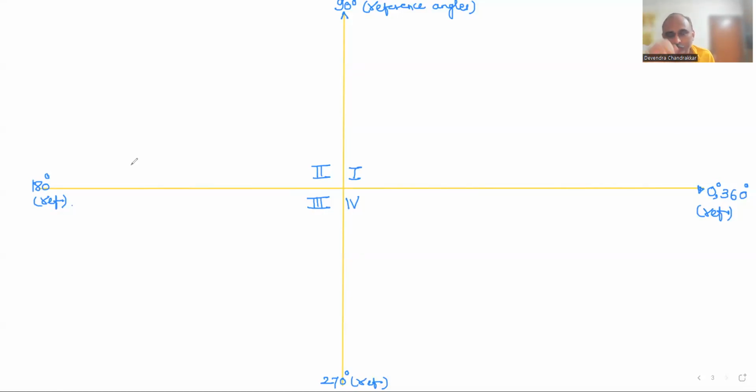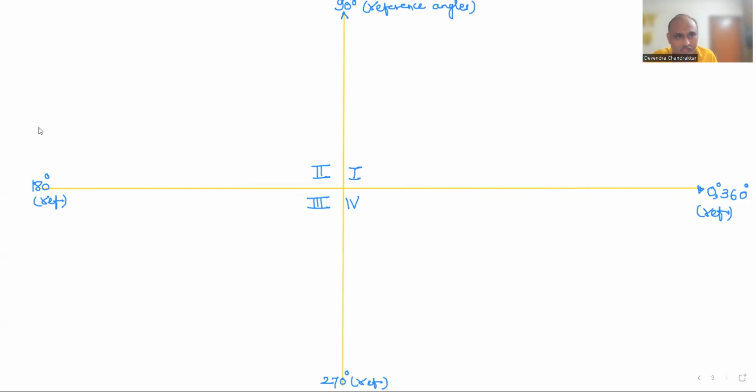Now, all the angles, pay attention. I'm giving you something very important. For all the angles between 0 and 90, sine, cos, and tan are all positive in the first quadrant.